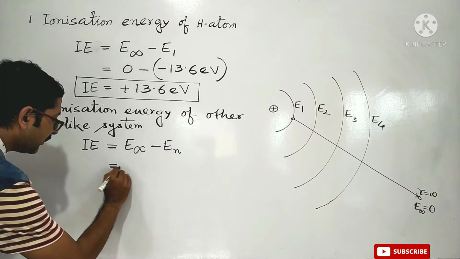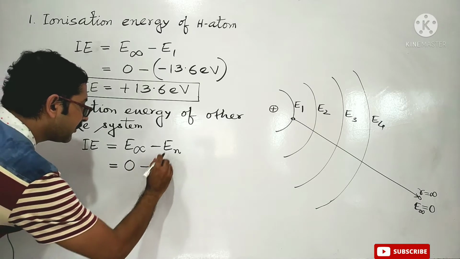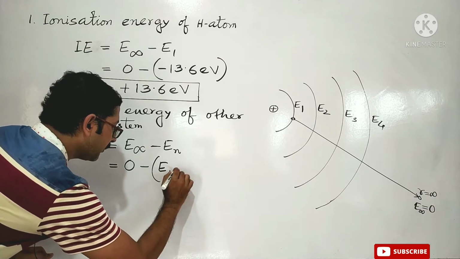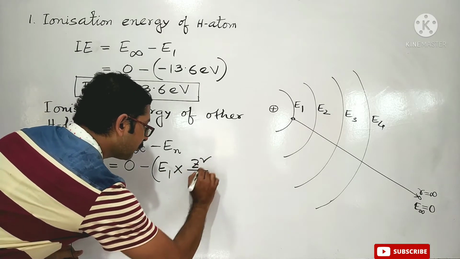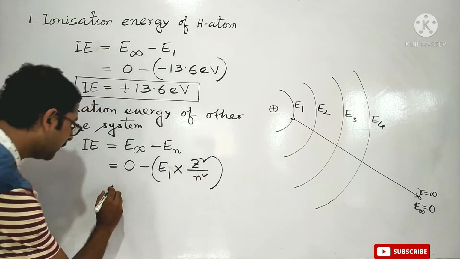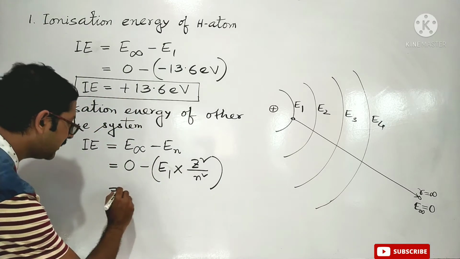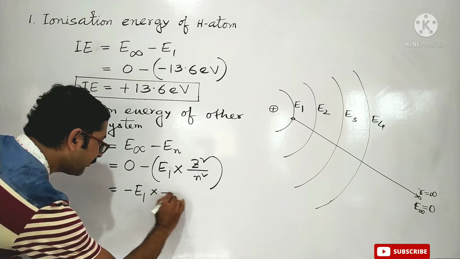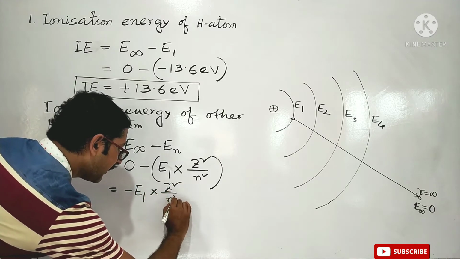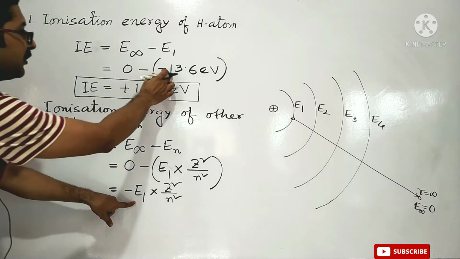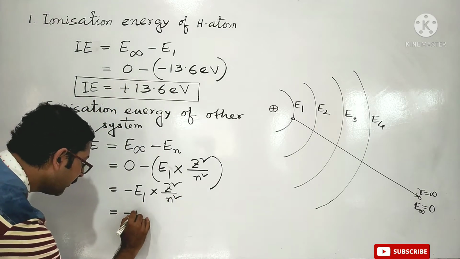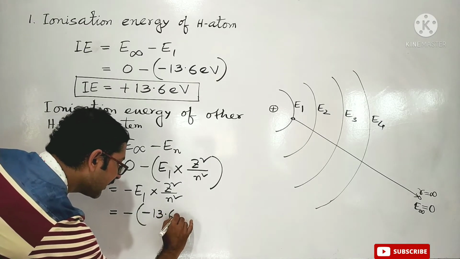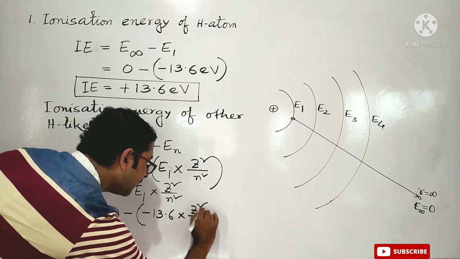And as we know, E infinity is 0, minus the value of En, which is equal to E1 into Z square by n square, right? So this is nothing but minus E1 into Z square by n square, and this value of E1 is minus 13.6 electron volt. So this is minus of minus 13.6 electron volt into Z square by n square.